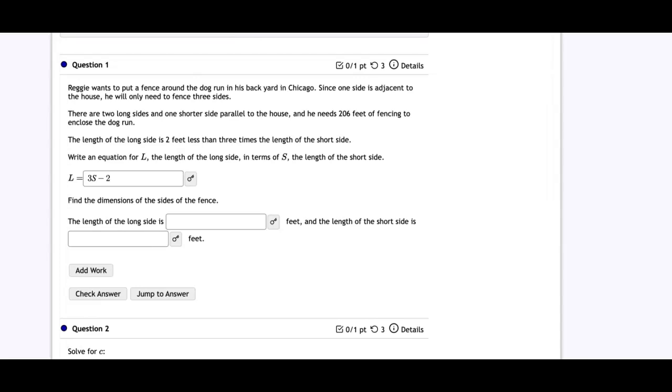Okay, we substitute L with 3S minus 2. So 2 times 3S minus 2, plus S equals 206. Great. Can you solve this? Can you solve for S?